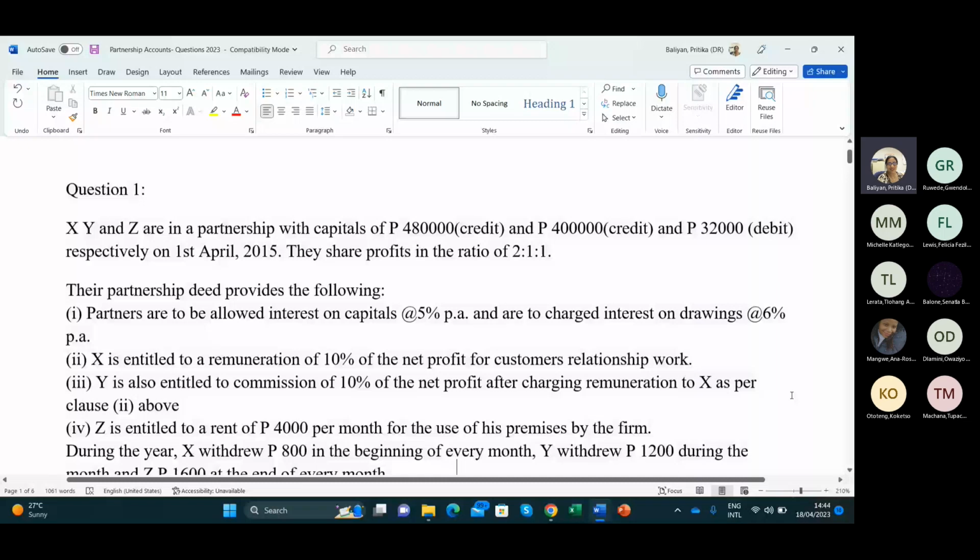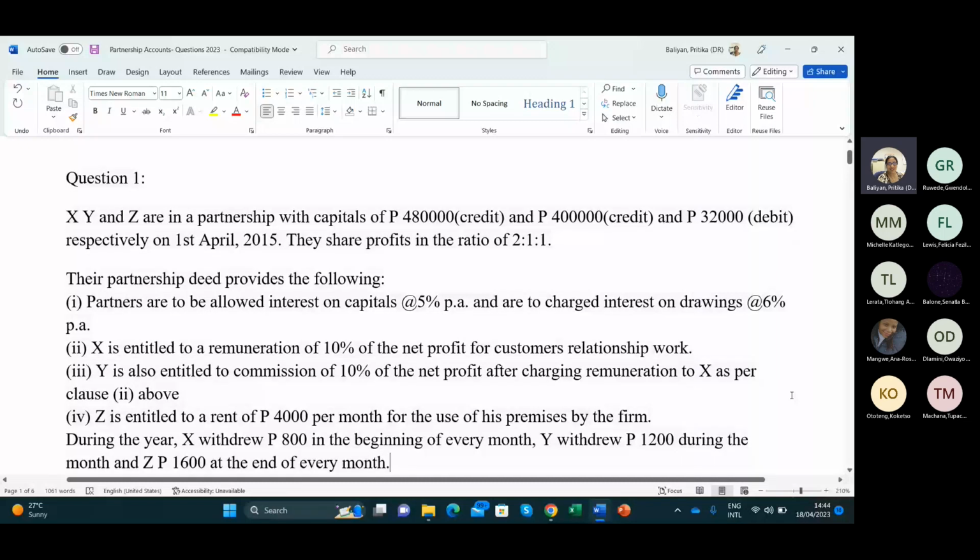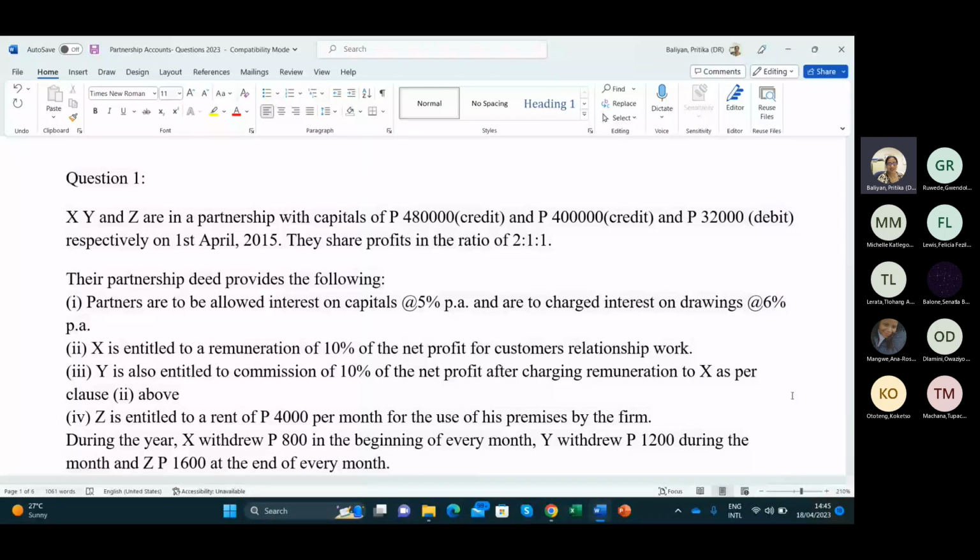So he actually withdrew 11 times during the year, right? Because he withdrew 1,600 at the end of the month and his financial year is ending on 31st March. So for the month of March, he withdrew at the end, so he need not pay the interest for the last month.